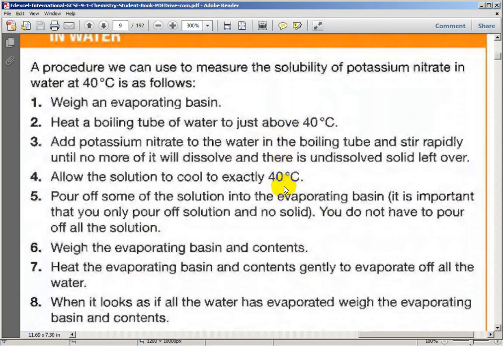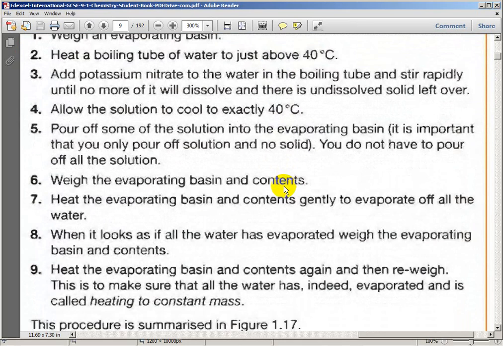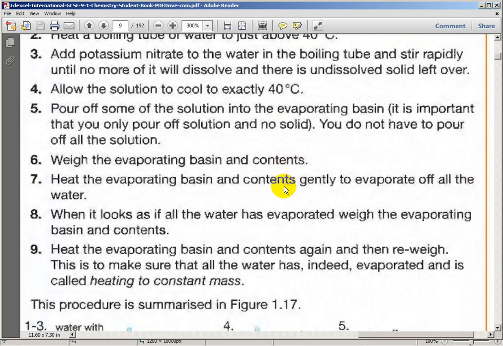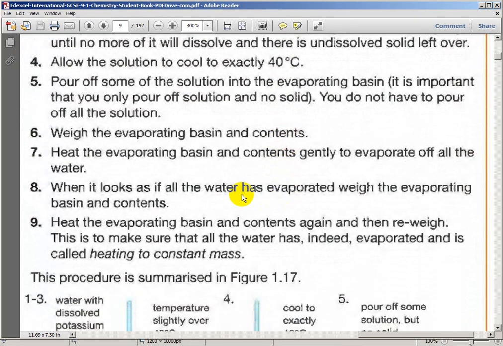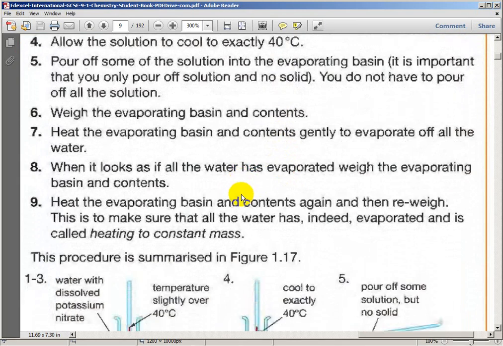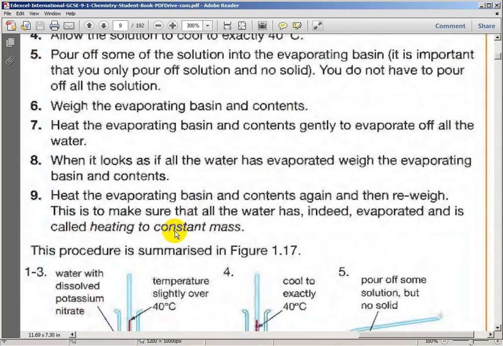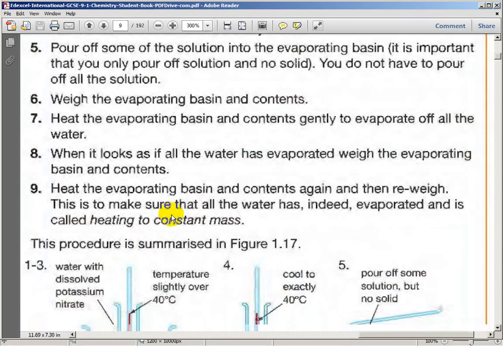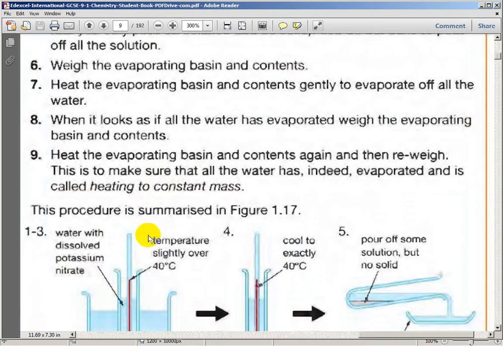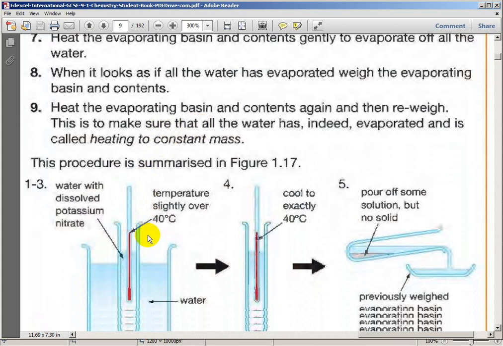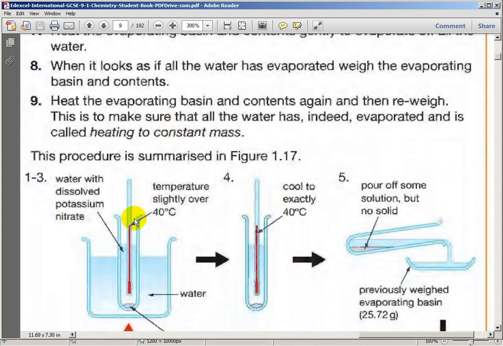Okay, boiling tube. This is the boiling tube.